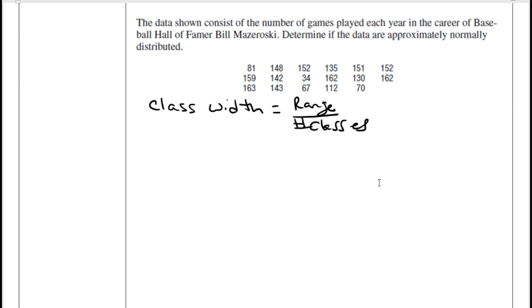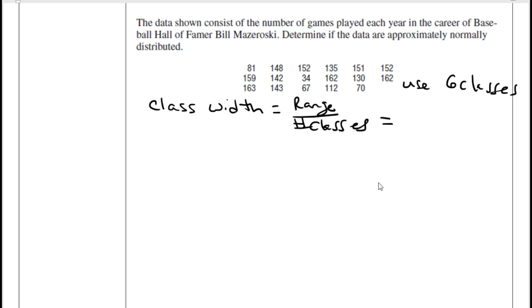Now when you do the histogram, you want to choose a suitable number of classes. The rule of thumb is to choose between 5 and 21 classes, no more than 21, no less than 5 generally. So let's use 6 classes, which means our denominator is 6. Let's do our range, which is our biggest minus smallest.